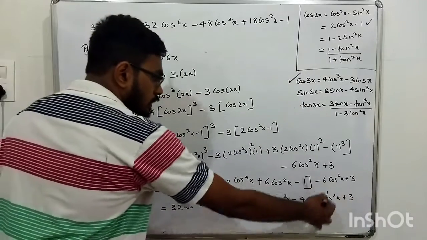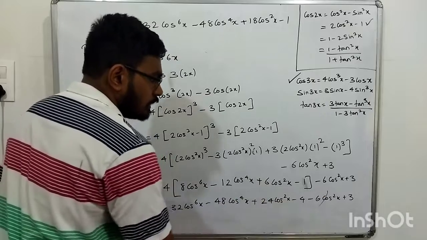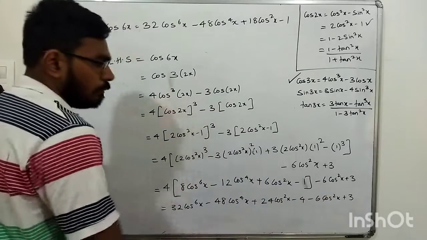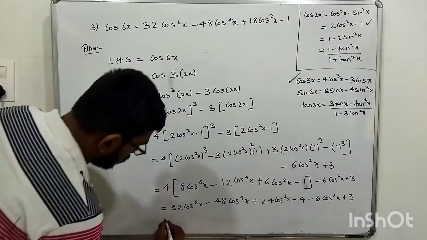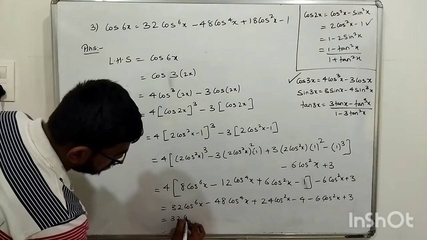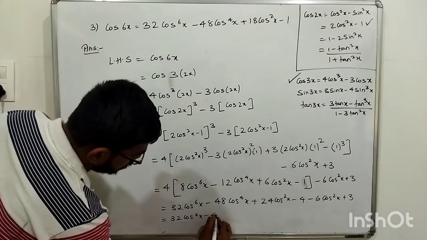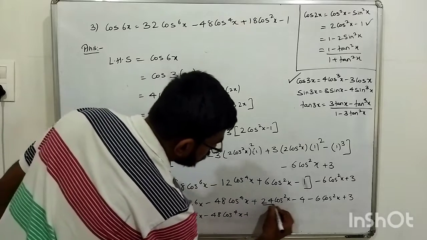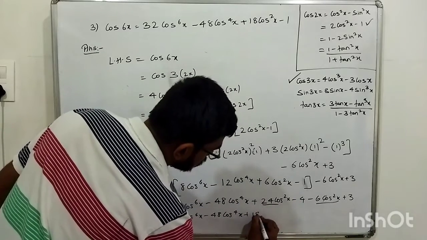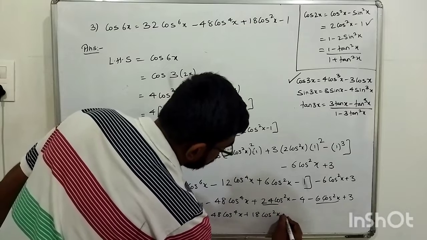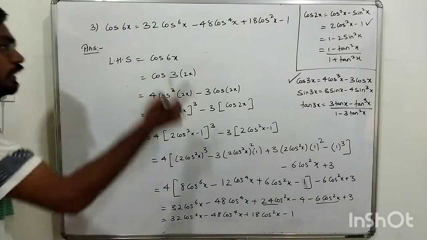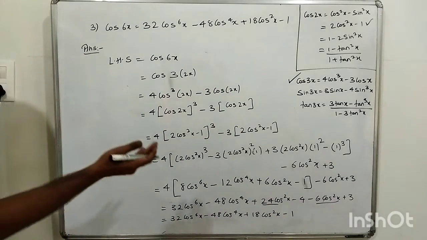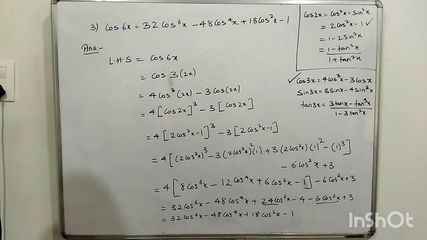Now if I cancel this with this, so 24 minus 6 is 18 and minus 4 plus 3 is minus 1, so what will we get, 32 cos raised to 6x minus 48 cos raised to 4x plus 24 minus 6 is 18 cos square x minus 1. So again it is RHS, so this way or that way, same thing, okay.